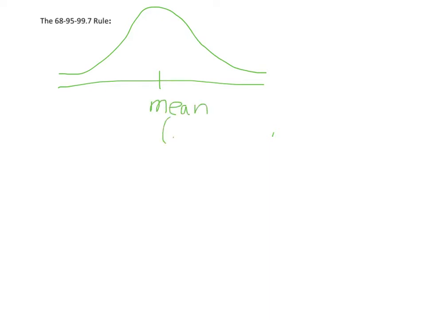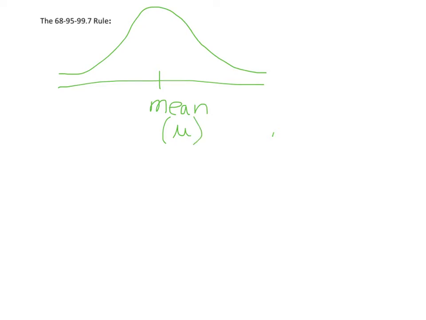So one of the most important things that you encounter in this class is the 68, 95, 99.7 rule. Sometimes it's also called the empirical rule, but we'll just call it this so you can try to remember the numbers. They have a nice explanation in every stats book you ever see, but I'll draw a picture and I think that'll help us understand. So when you have a normally distributed population, the middle number of it is always going to be the mean, which I'm going to write as mu.